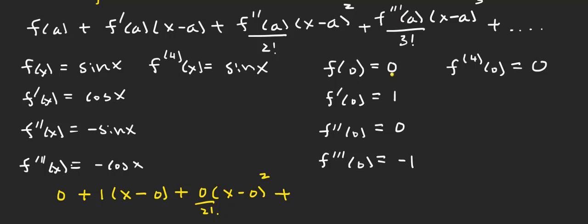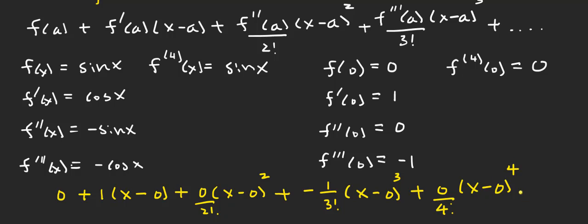Plus f triple prime of 0 is negative 1, so negative 1 over 3 factorial times the quantity x minus 0 to the third, and then plus the fourth derivative is 0, so 0 times the quantity x minus 0 to the fourth power over 4 factorial plus dot dot dot.